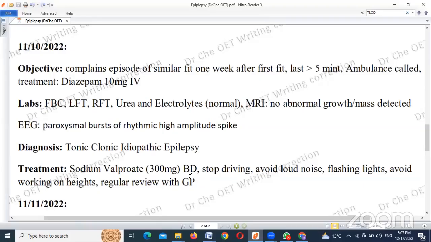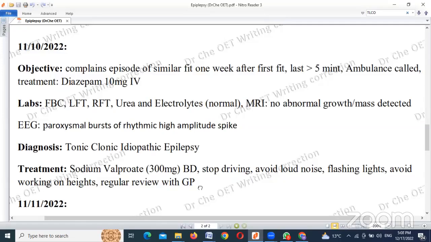What do you think? Can anybody think of something very concise? Just lifestyle, okay? Lifestyle modifications. Even you can skip. Anti-epileptic measures, yes, it could be. Non-pharmacological measures, lifestyle modifications.